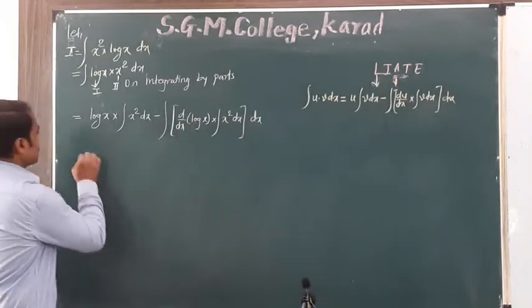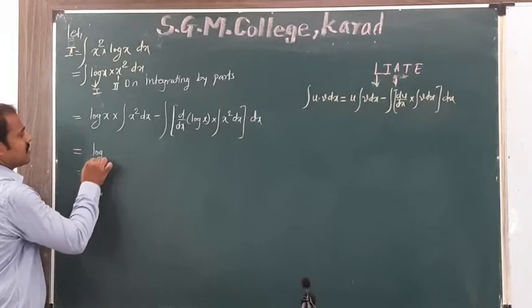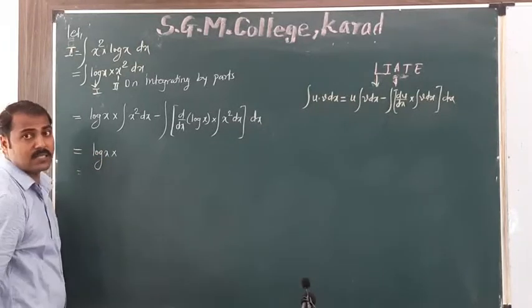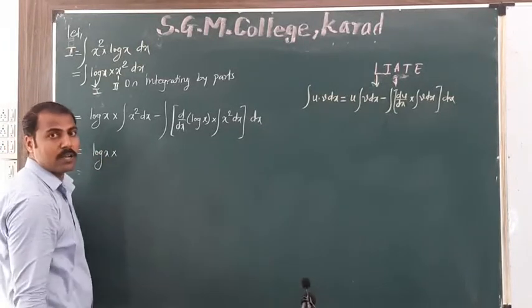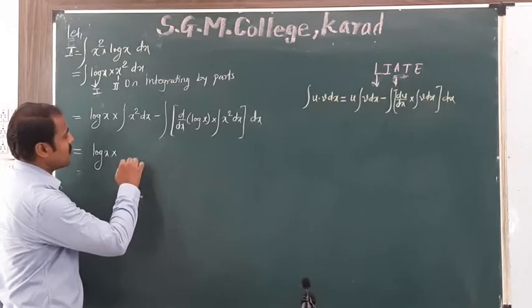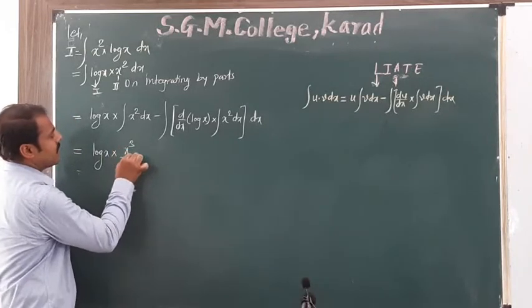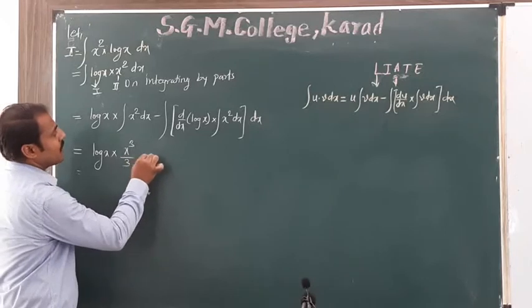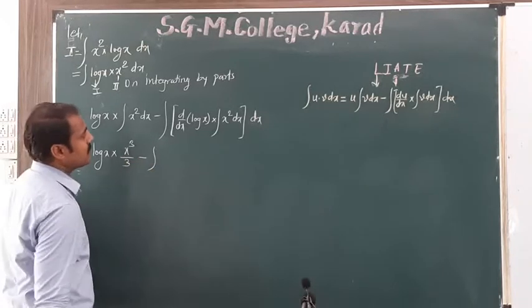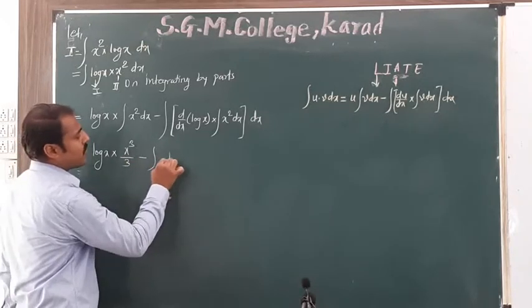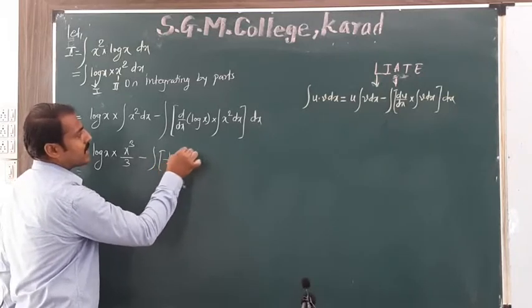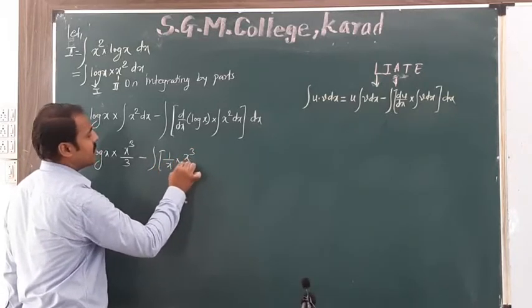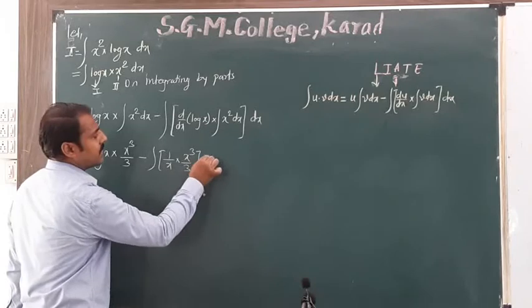So this is equal to log x as it is. We know that integration of x raised to n is x raised to n plus 1 upon n plus 1. So integration of x square is x raised to 3 divided by 3. Minus, inside the integration, derivative of log x is 1 upon x, into integration of x square, which is x cube divided by 3, dx.